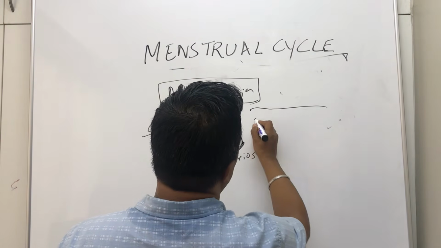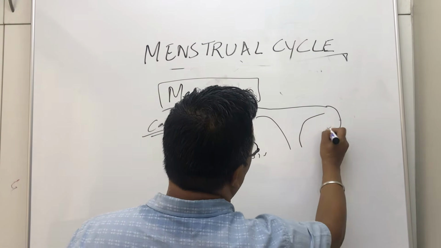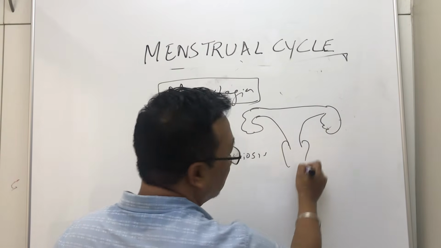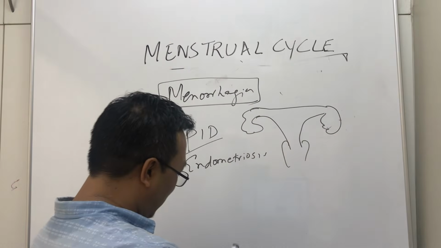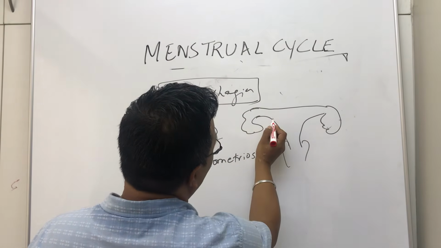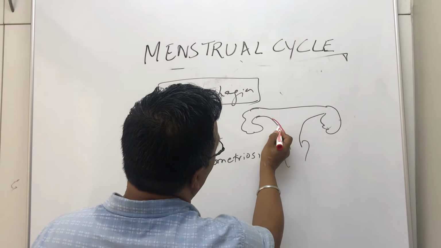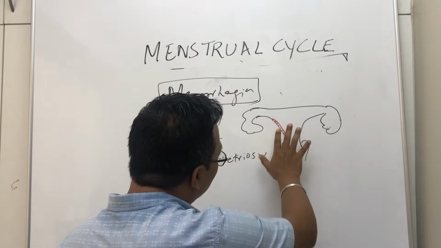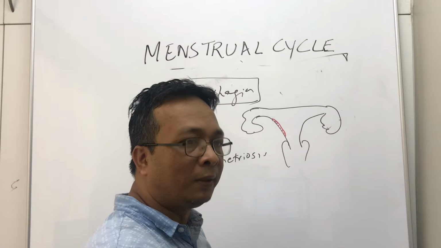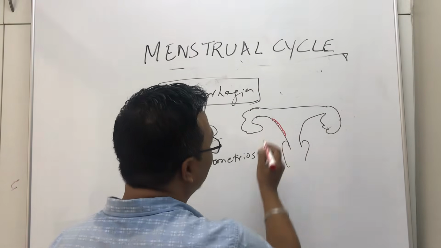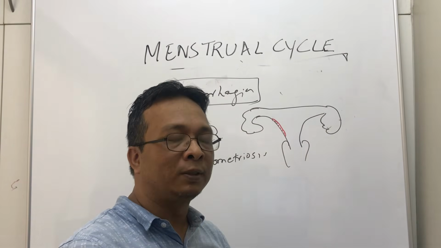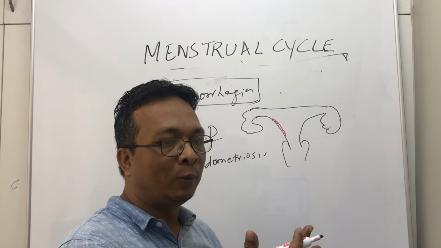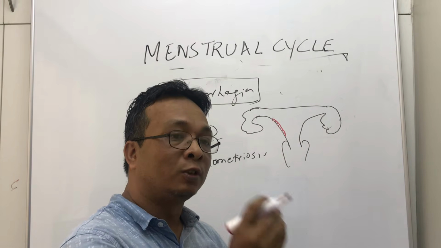Now, due to some problems with the endometrial tissue. We know there is a layer of endometrium; the innermost layer is called the endometrium. Now due to some unknown etiology, sometimes there is ectopic tissue. Ectopic means when it is not in the normal place, when it is present where it's not supposed to be.